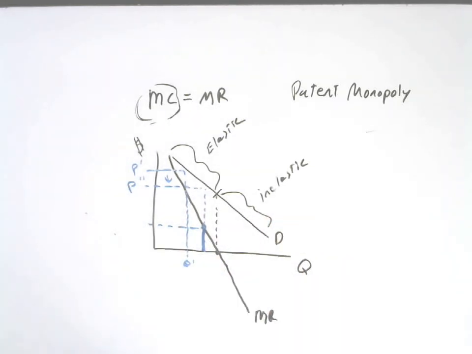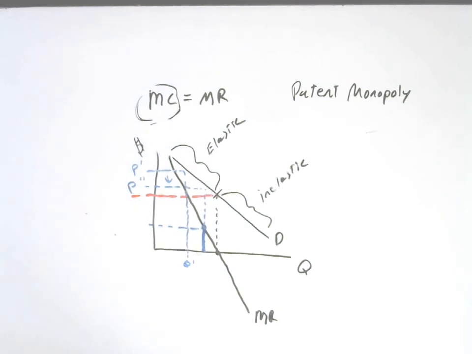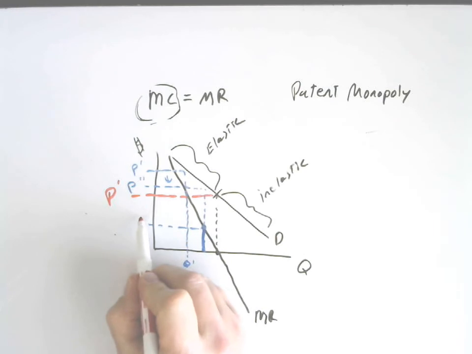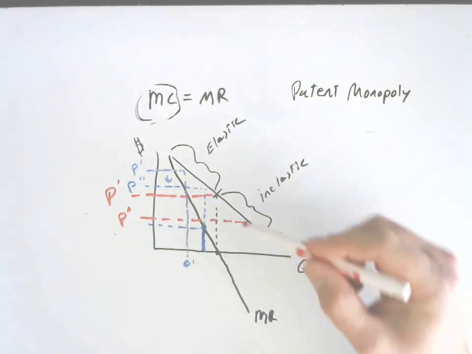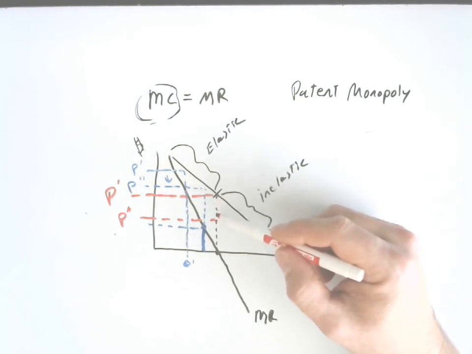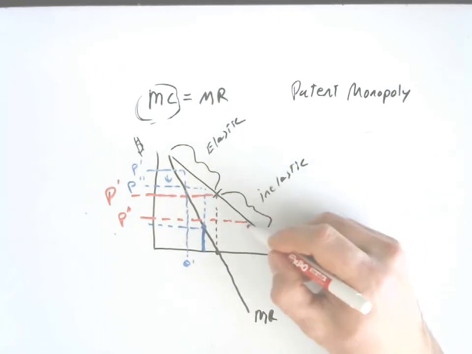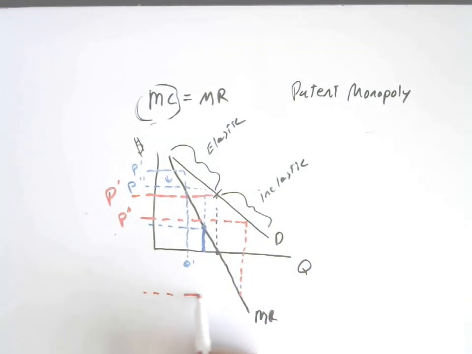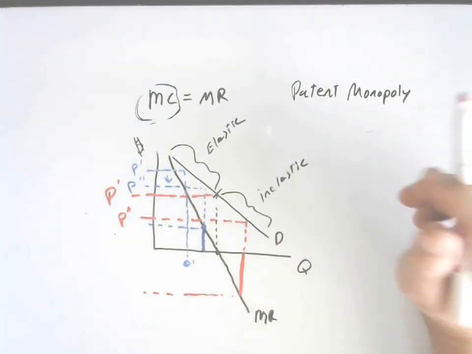Below this level, assume I'm priced exactly at the midpoint price level, so we'll call this P prime here, and assume I lower the price to P double prime. Now I know that I should be losing revenue. My revenue should be shrinking from the discussion we just had. How do I know that? Because at that price level, my marginal revenue is negative. In other words, my total revenue has shrunk by that much there.